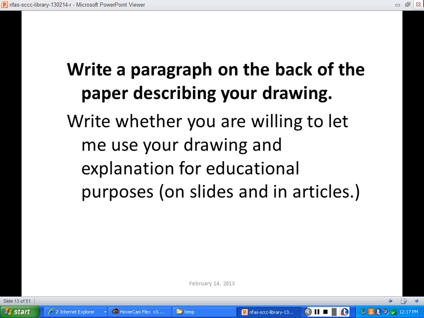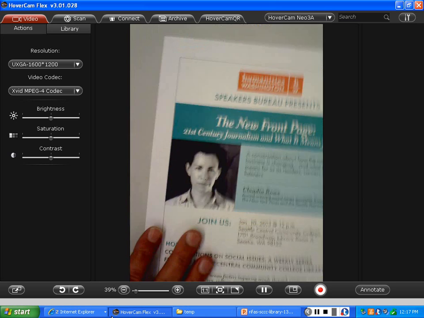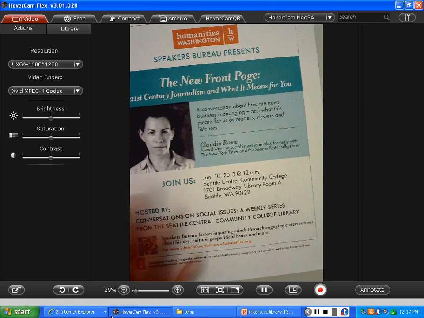I figured there's enough time that five volunteers can come up and use this hover cam to show us what they came up with. Yeah, there'll be time for five volunteers.